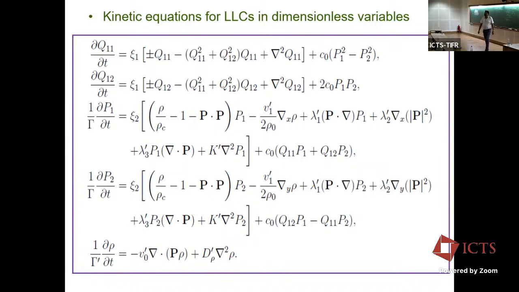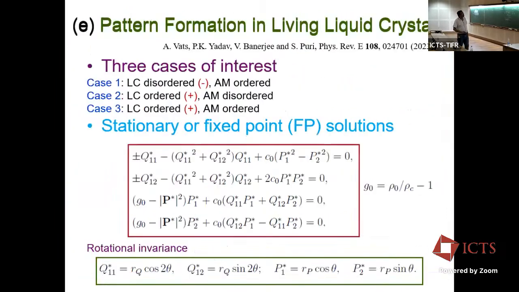The active matter spontaneously orders if the average density rho is above a critical density, and it intrinsically does not order if rho is below that critical density. So that plays the role of critical temperature in the system.